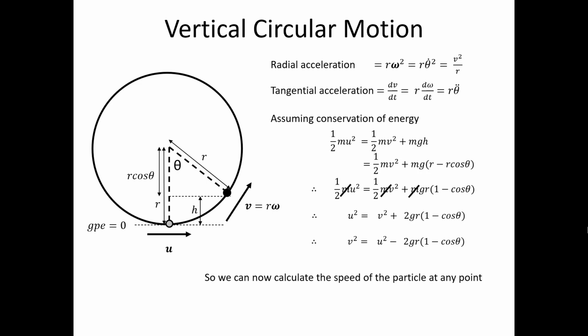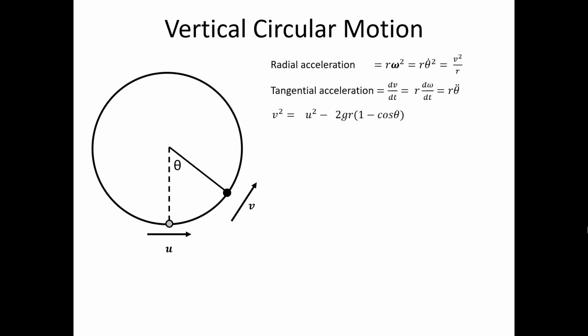Okay, what else can we work out? We've got one handy new formula. What about an equation for the tension in that piece of string connecting the particle to the center of the circle? Or, in an equivalent setting, the normal reaction of the track on that car looping the loop. First thing we need to do is mark in some forces.